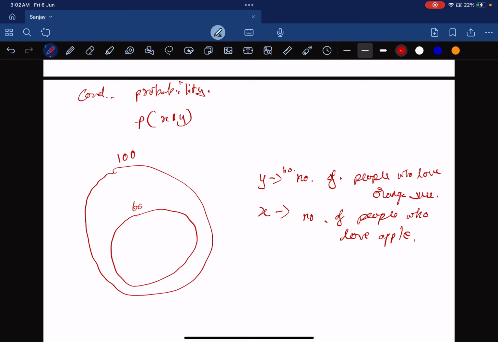It's like filtering, right? If in the 100 people, there are 20 people who love pineapple juice, and another 20 people who love banana juice.